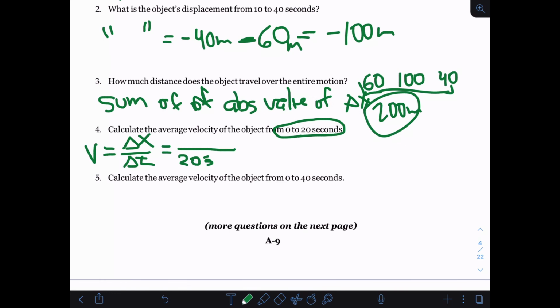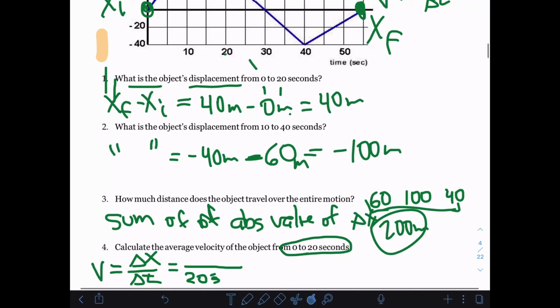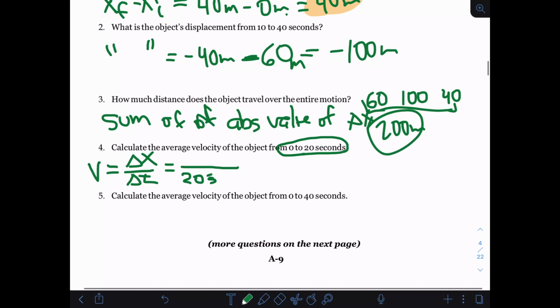Well, what is the displacement from 0 to 20? Well, we did that. From 0 to 20, we got this answer up here. We have 40 meters. So if we come back down here and we put in the 40 meters here, the average velocity is just 2 meters per second. So it's the displacement divided by time.